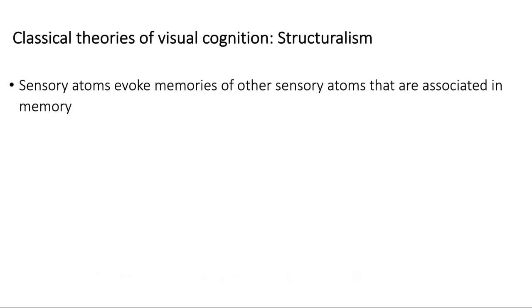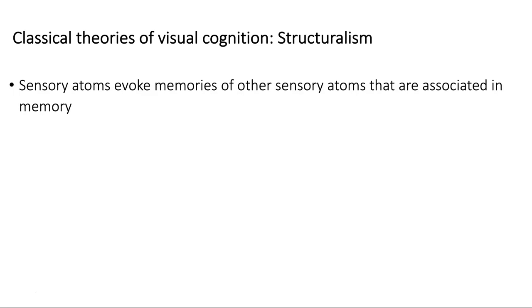They thought that the analogy was chemistry. What I mean is that in chemistry, there is matter, and matter is composed of molecules, and molecules are composed of atoms. And they thought that maybe there are sensory atoms.